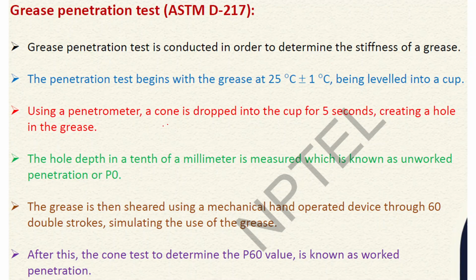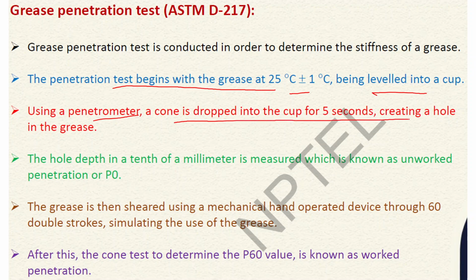Grease penetration test is also done in a similar manner. The penetration test begins with the grease at room temperature being leveled up in a cup. Using a penetrometer, the cone is dropped into the cup for 5 seconds, creating a hole in the grease. The hole depth in tenths of a millimeter is measured, which is known as the unworked penetration, or P naught. Unworked penetration means the grease is still not used in any application; firstly, the penetration for that is done.